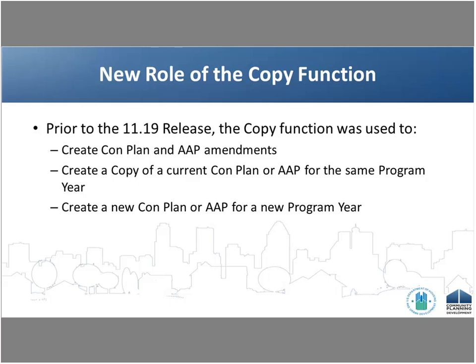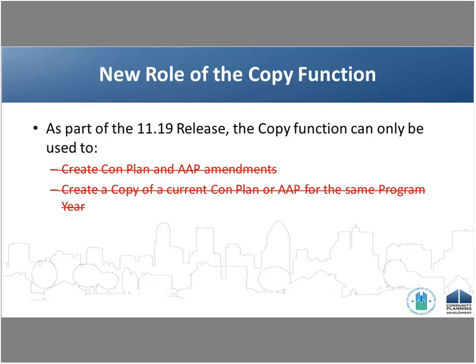Now, through the 1119 release, there is only one function that the copy link is now used for, and that is to create a new con plan or action plan for the new program year. So it is no longer to be used to create amendments and no longer to be used to create plans for the same program year.